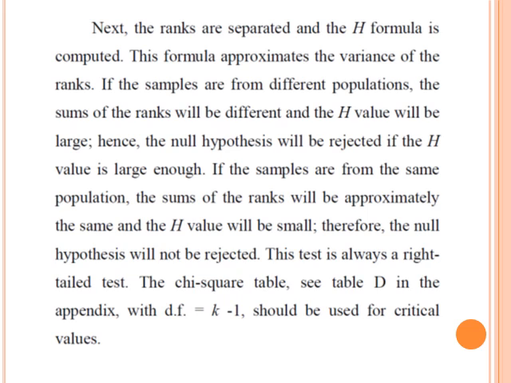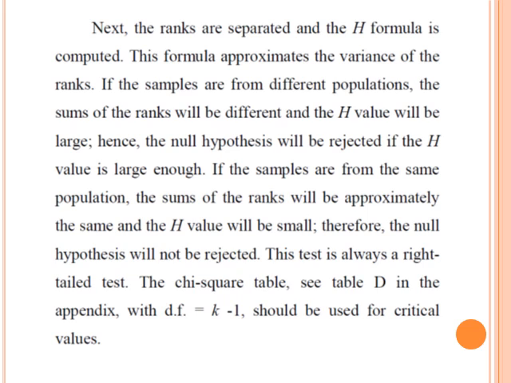The value will be large when the samples come from different populations and the variance and sum of ranks are very large, but the value may be small when the samples are from the same population, and the sums of ranks will be the same, so H will be small.